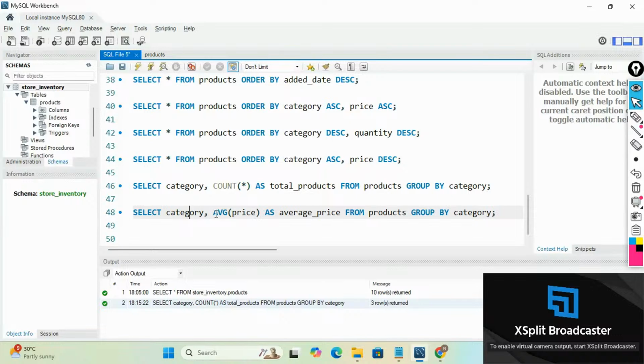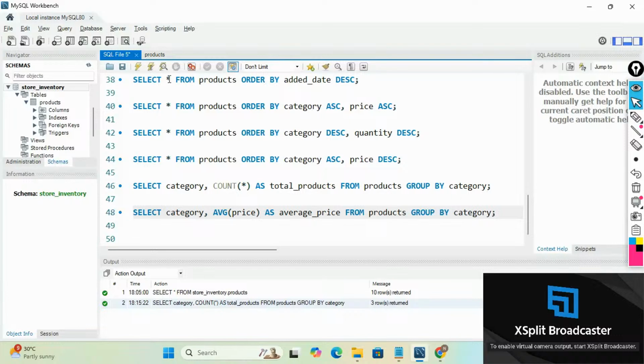Then what is the aggregation function that I'm using here? Average. But did I mention anything inside it? Yes, average of the price column. And I have to give an alias name to this column as average price. I hope it's making sense.